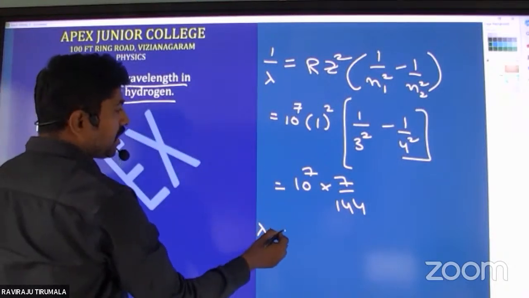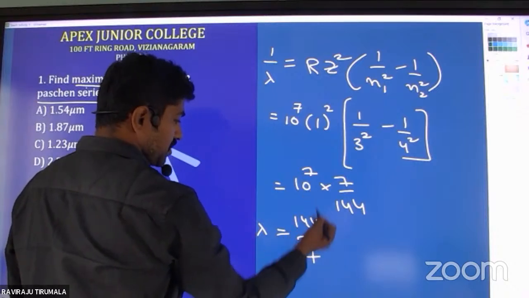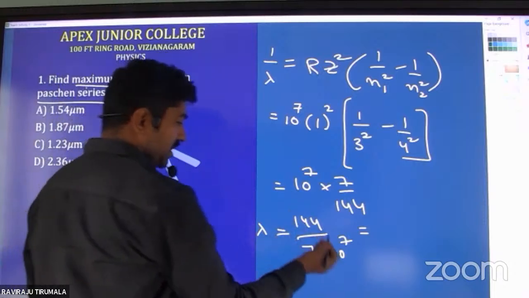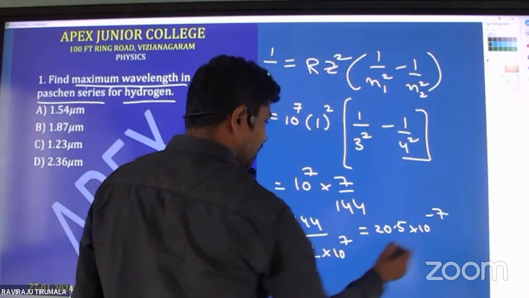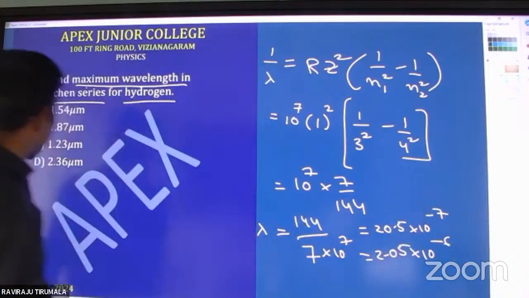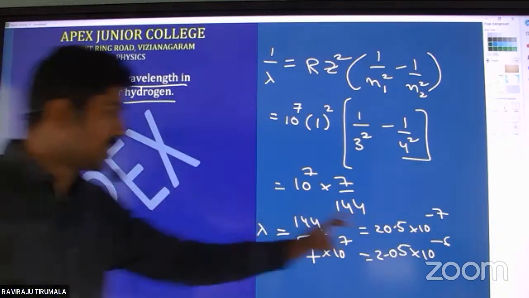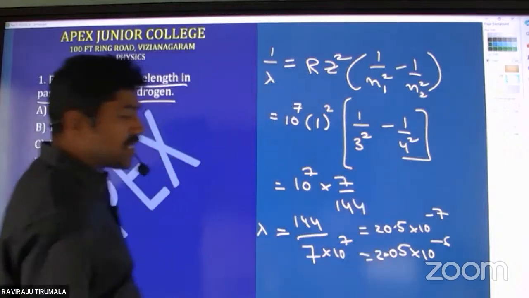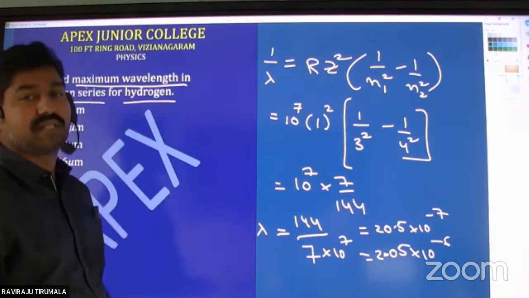But you have to find lambda only. Lambda will be 144 by 7, since it comes to the denominator. So you can take it as 20 something, nearly equal to 20.5 into 10 power minus 7, that is 2.05 into 10 power minus 6, because all the options are given in terms of micrometers, so I have written it in terms of micro. But the Rydberg constant value is not exactly 10 power 7.